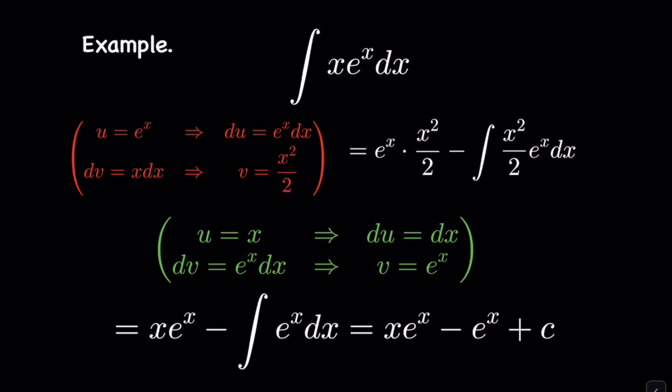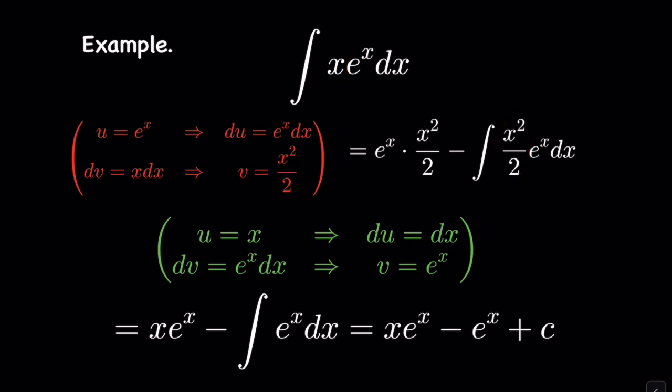Remember, I told you that you generally want to take u to be a function that has an easier derivative and dv to be a part that has an easier integral. You see why this is more challenging: instead of having x here, now I have x squared over 2.